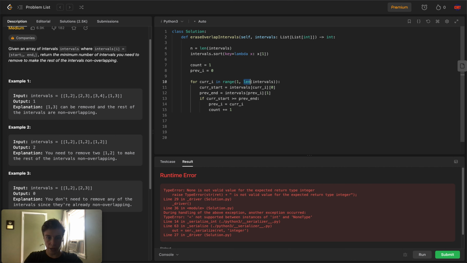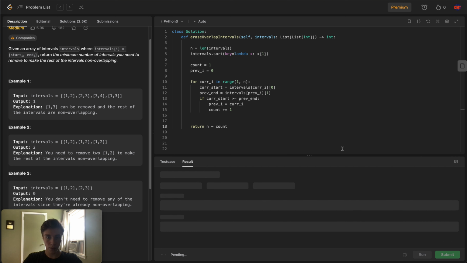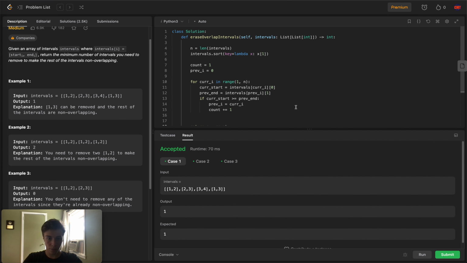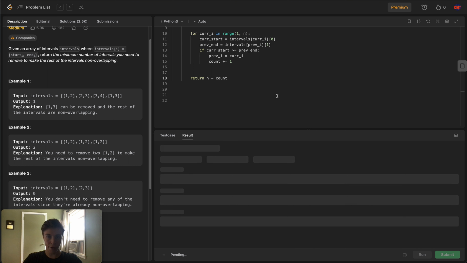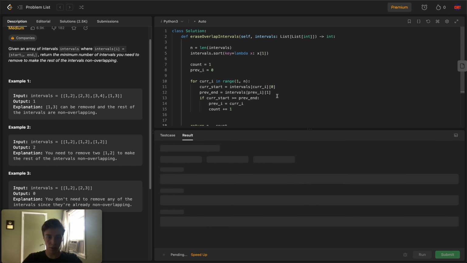So to find the number of ones that we don't want to include, we return n minus count. Let's see if this works. And we seem to be doing fine.